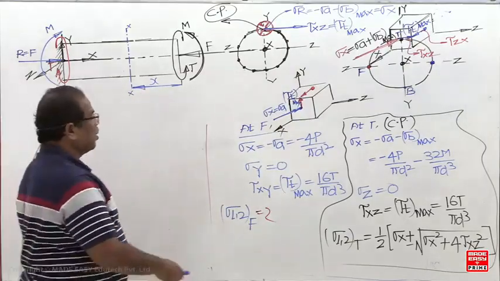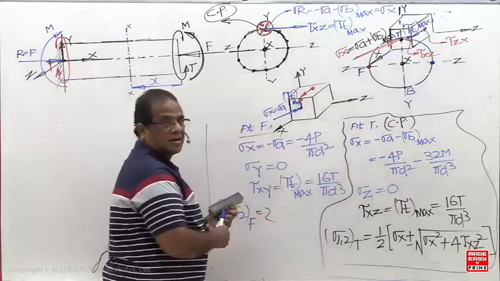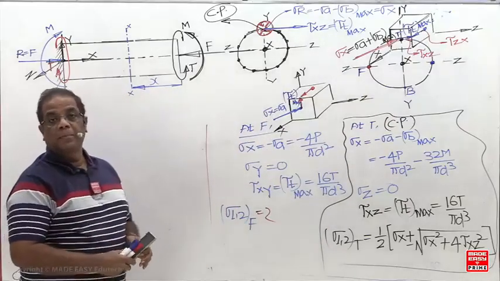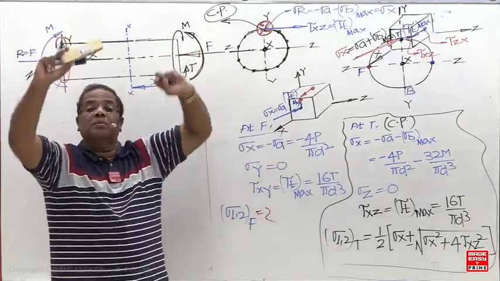Suppose you ask at the bottom, what change do you have to make? In the bending sagging case, the bottom is tensile.